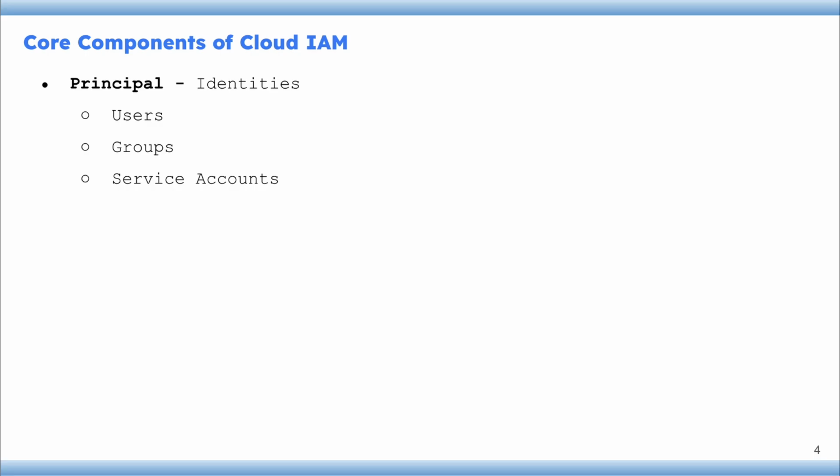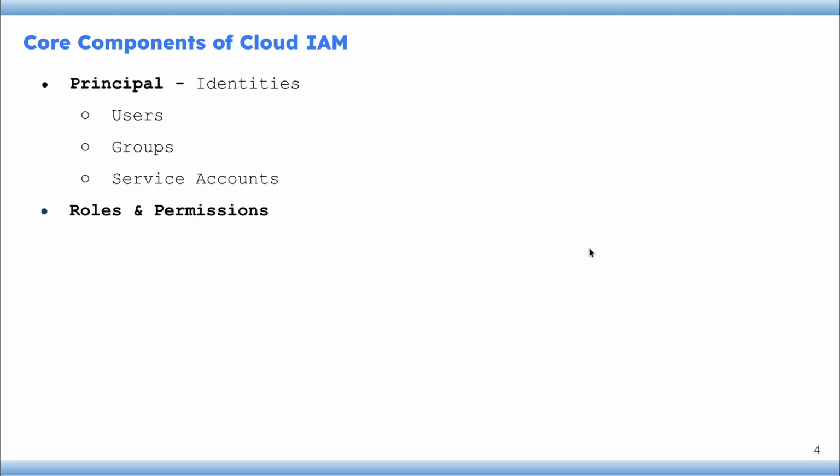Moving on to the next one, we'll be discussing the core components of Cloud IAM. And the first one is principals, that is identities. We have already discussed what it is. It involves users, groups and service accounts. And the next one is roles. In IAM, permission to access a resource isn't granted directly to the end user. Instead, permissions are grouped into roles, and roles are granted to authenticated principals.